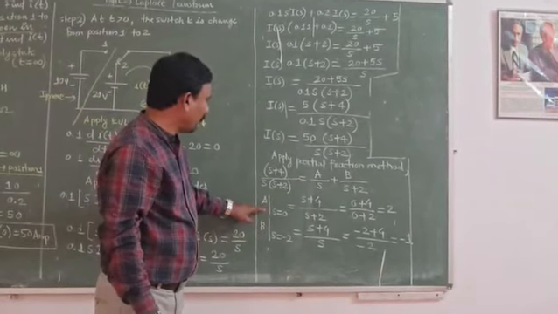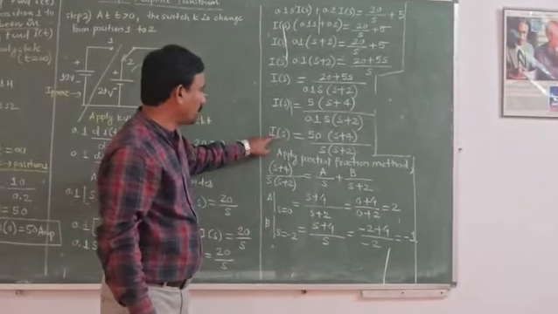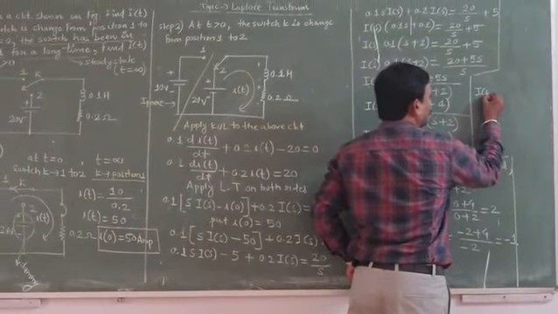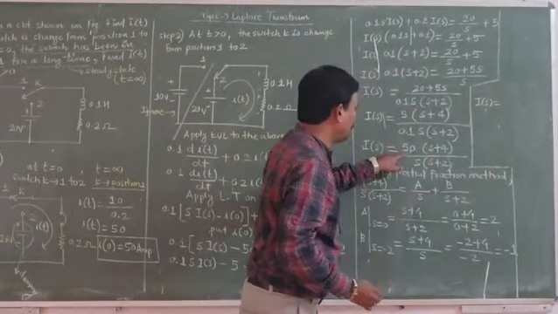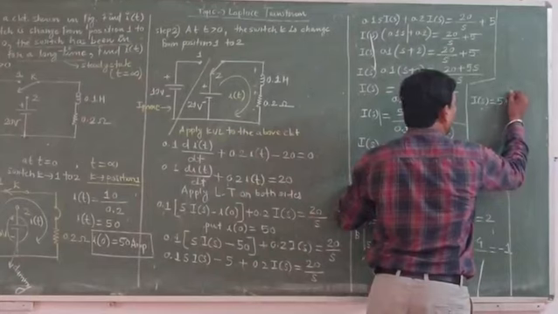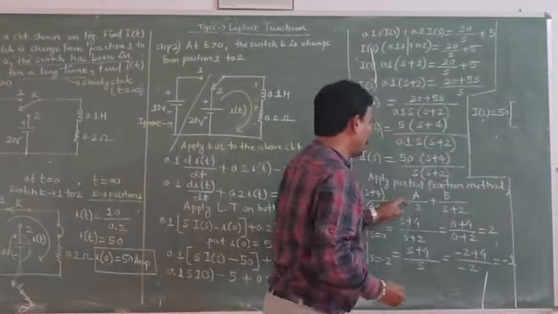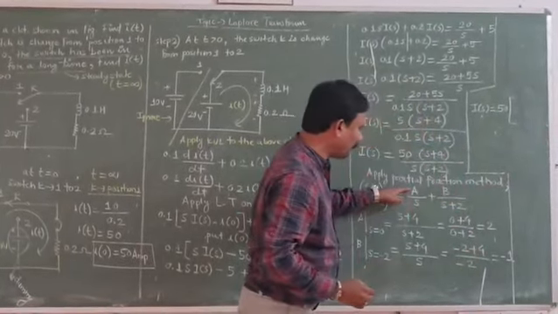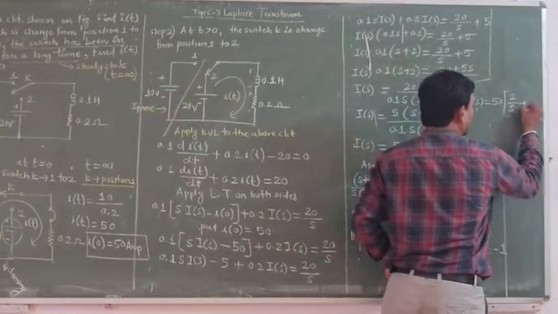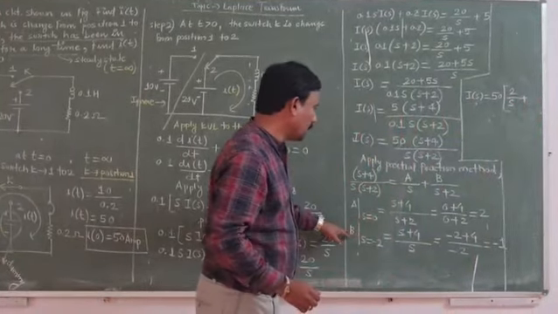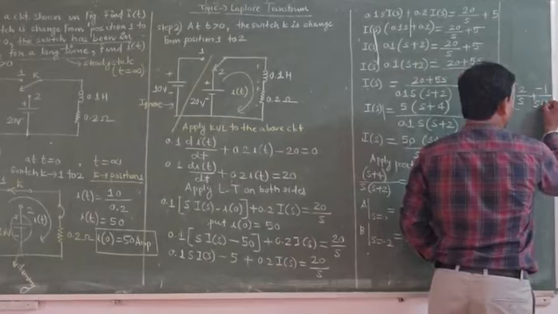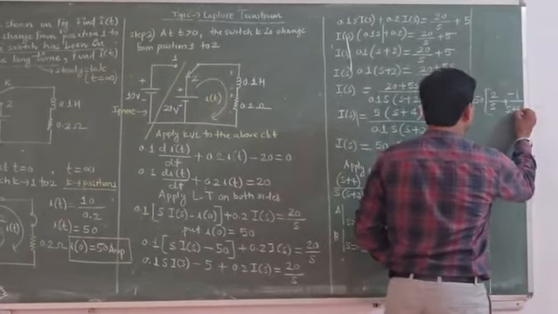Now putting this value of a and b into this particular equation, that is I of s. So I of s equals to 50, the 50 is a constant number, as we have taken common, so we have written it 50. Now a, what is the value of a? a equals to 2 by s plus b equals to minus 1 upon s plus 2.